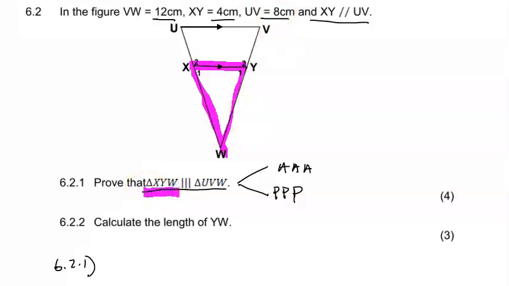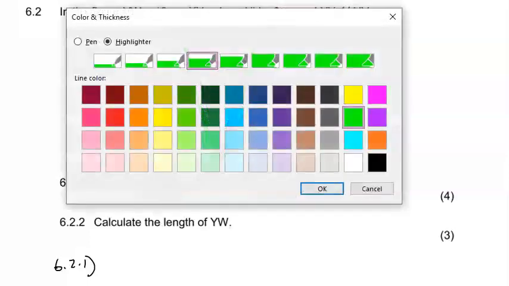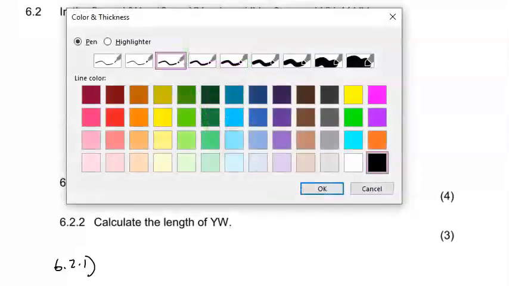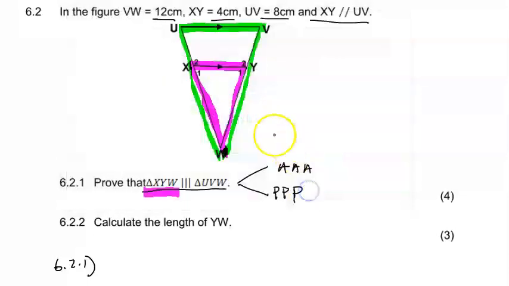And let's look at the other one, which is UVW. So I'll try not to go over that so that we can distinguish between the two triangles. Right. So now that we have both of those triangles, let's just quickly go back to my pen. Alright, so that's done.